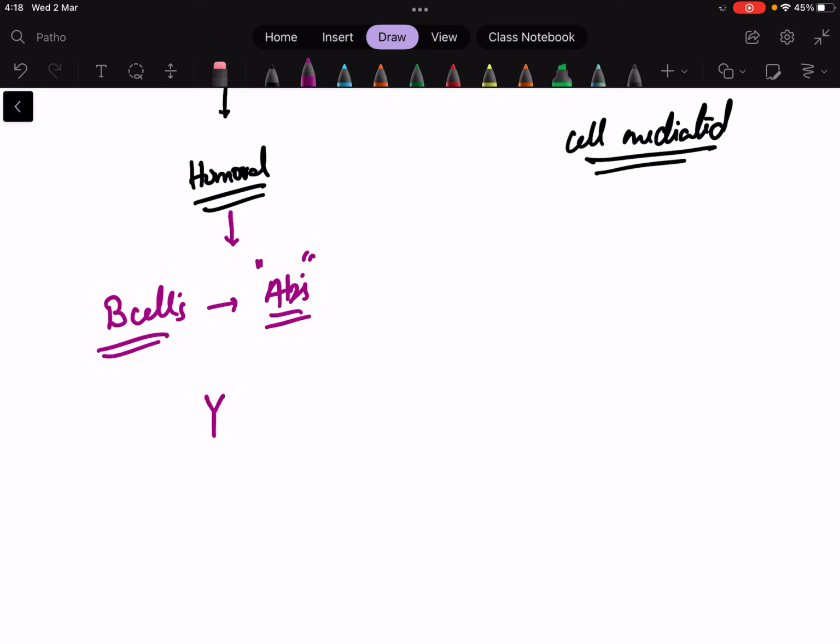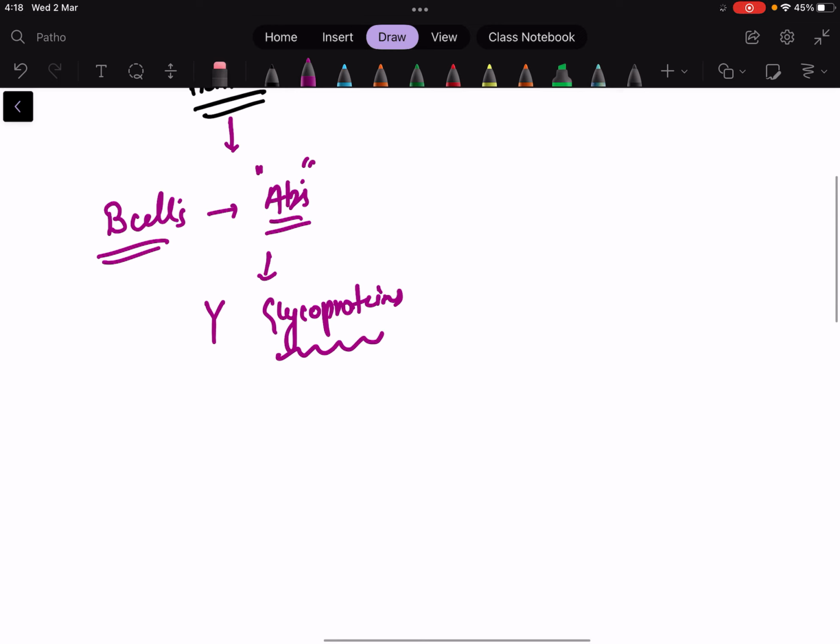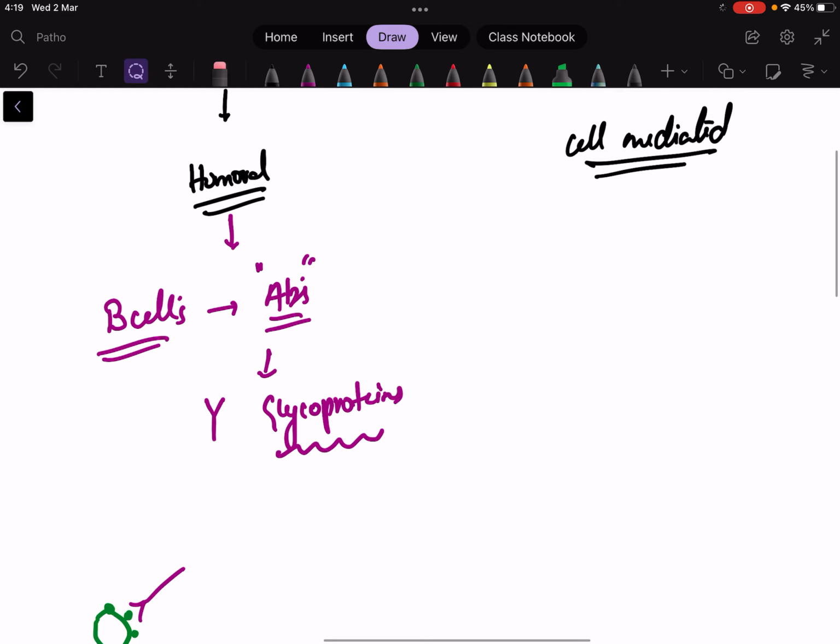As you know, antibodies are sticky glycoproteins, and these sticky glycoproteins can go and attach to microbes. Suppose this is a microbe here, so these glycoproteins can go and attach to these microbes. Okay, so antibodies, the sticky glycoproteins, are produced by your B cells.